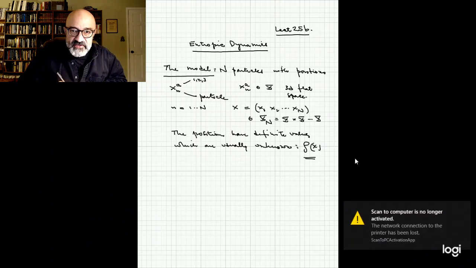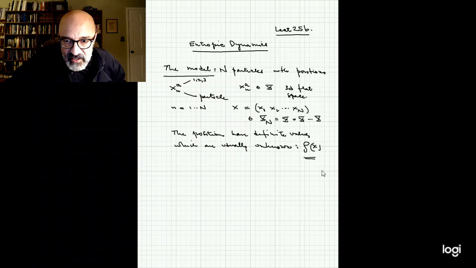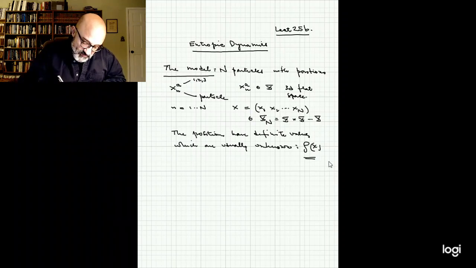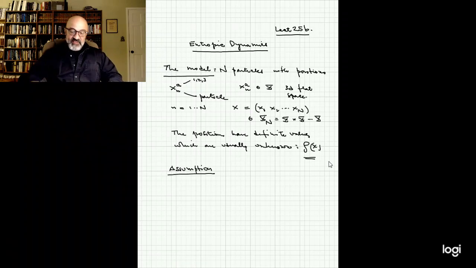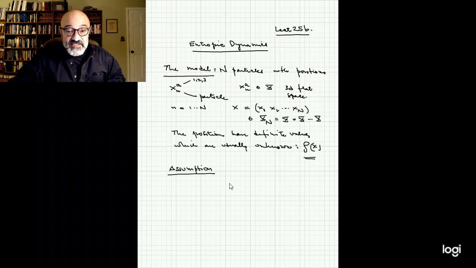Here goes the very first assumption that we're going to make of a physical nature. We want to determine these probabilities in some way, and we have to decide what are the relevant pieces of information that we're going to use to figure out what these probabilities are and how they change. So the very first assumption that we're going to make, and being at the very beginning, we already made one about the positions being ontic, but you probably realize that this is an important one.